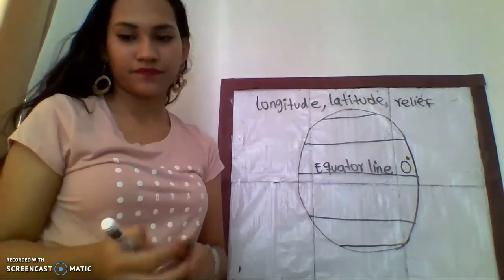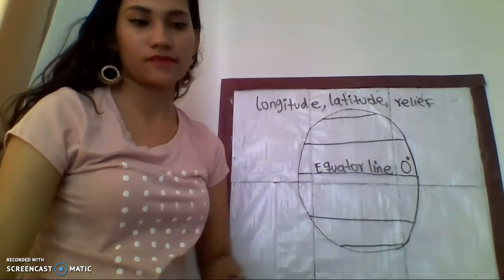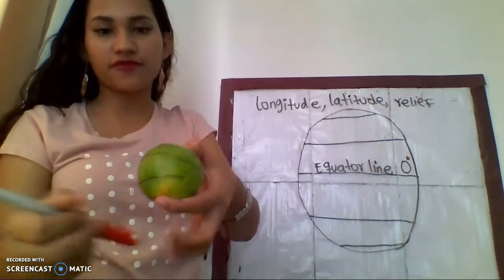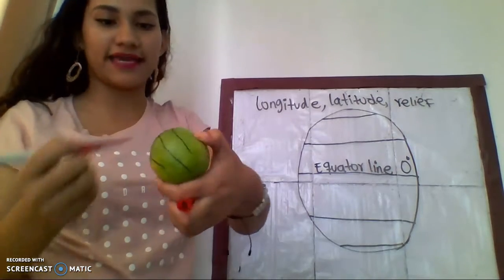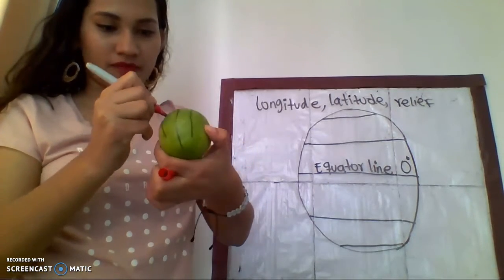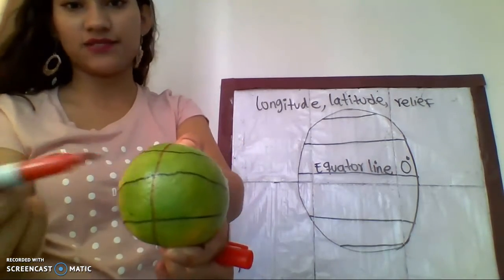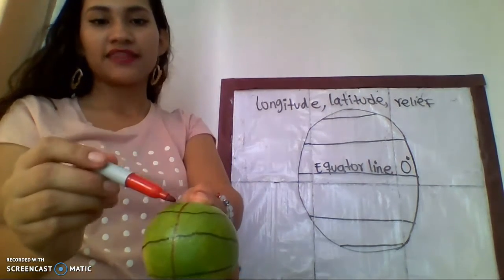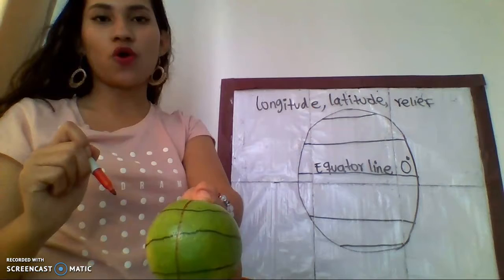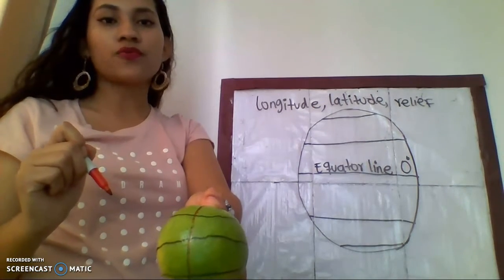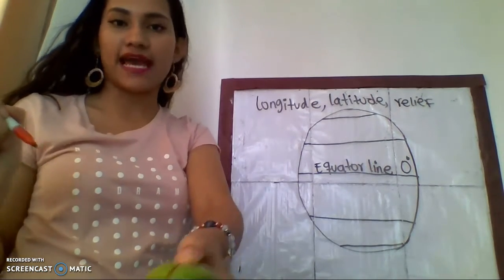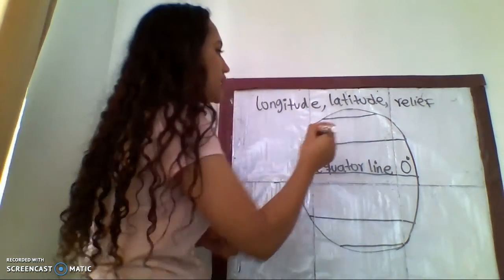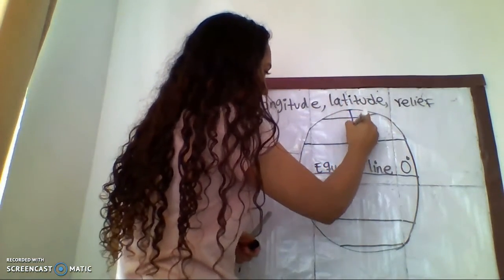And the longitude here in the Earth is the vertical lines. Vertical lines, like this one in red. The vertical lines in the Earth. This vertical line is called the Greenwich meridian. I'm going to write here the Greenwich meridian.